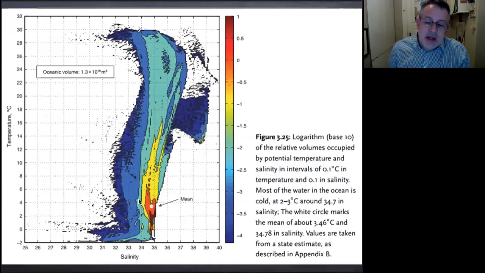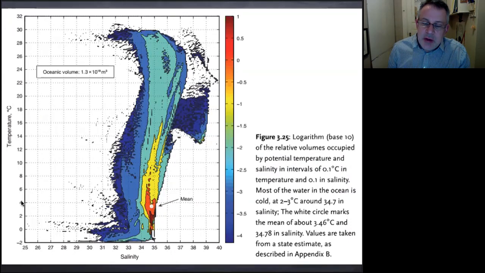Another really interesting way to present the data is a so-called TS map, where we put salinity on one axis, temperature on the other, and then we contour the density of the observations. So here happens to be the mean, and this red to blue scale is giving the number of observations within a given bin on this axis. So these are the most likely temperature and salinities.